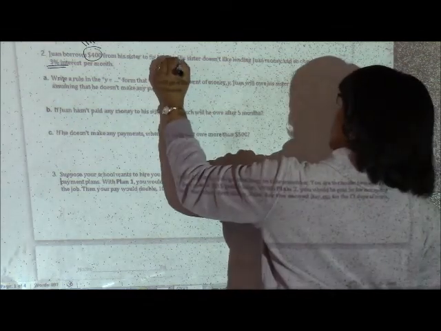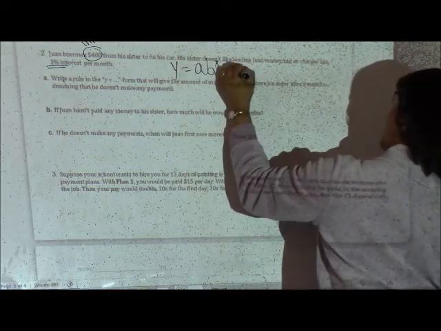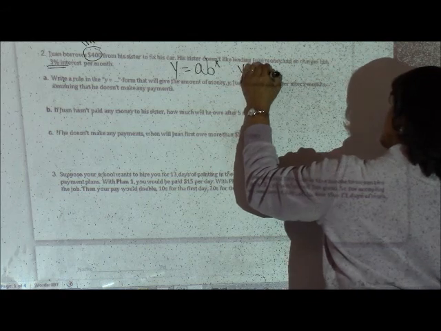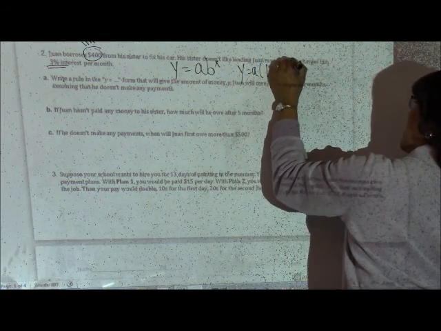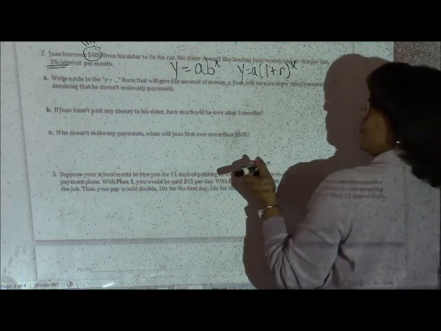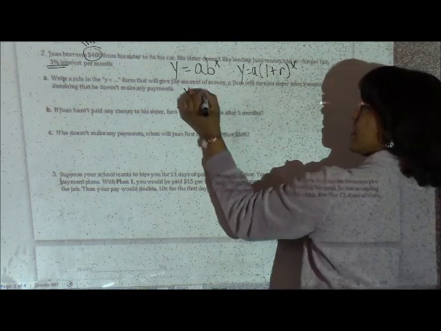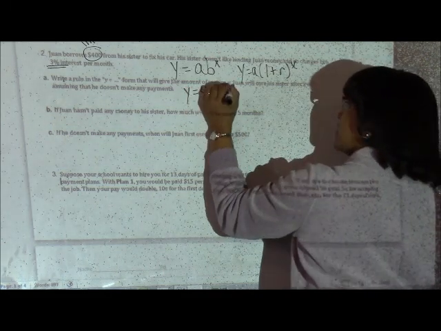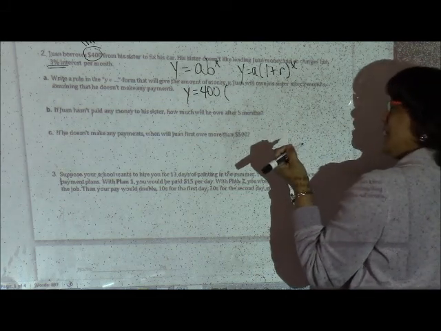So remember, you have y is equal to a times b to the x. If you recall, b is 1, because he's having to pay more, it's going to be 1 plus your rate, to the x. So now let's write our equation. First of all, it's y is equal to, what's your initial? Good, $400. That was a, so now let's get b.